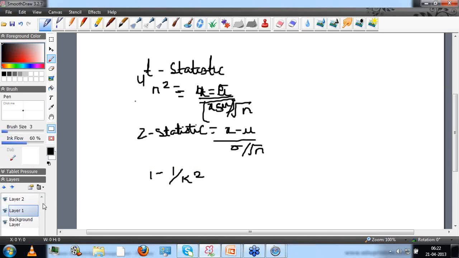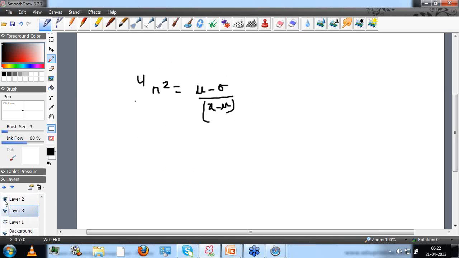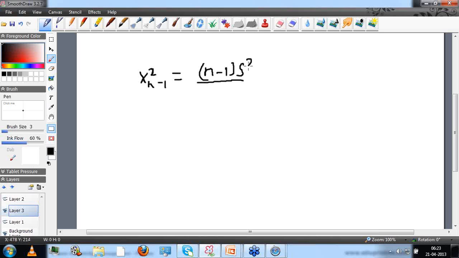As we have seen, the test statistic in a chi-square test is given by n-1 times s squared, divided by the hypothesized value of variance.